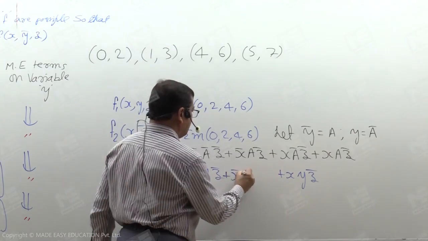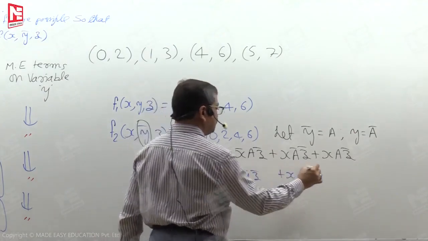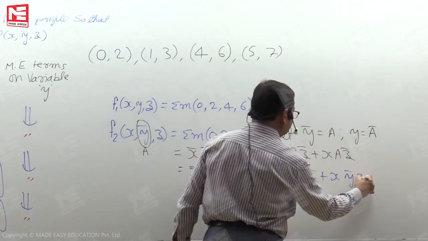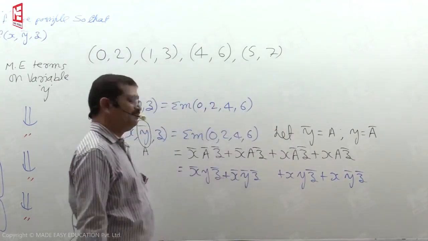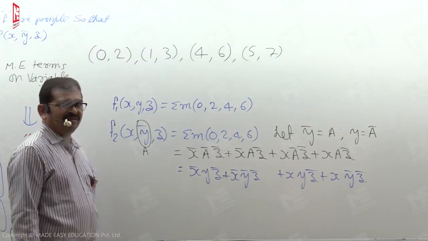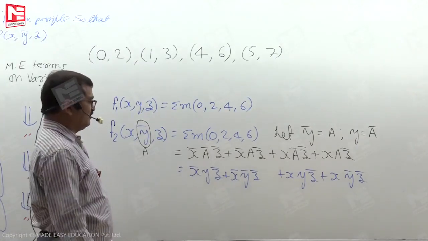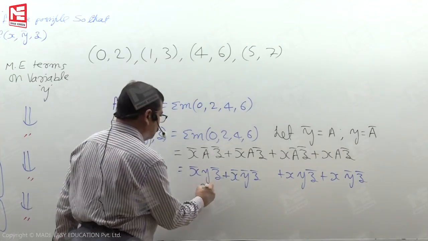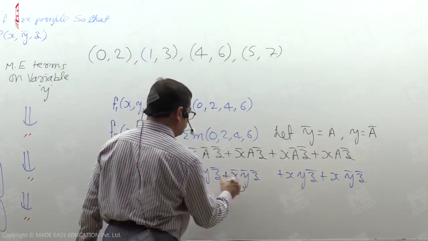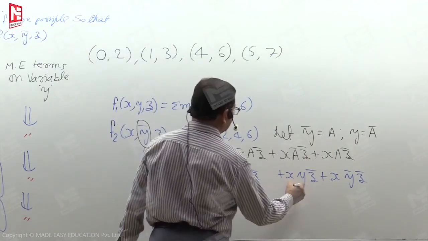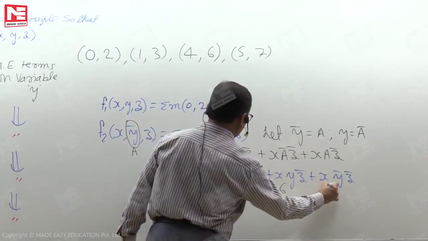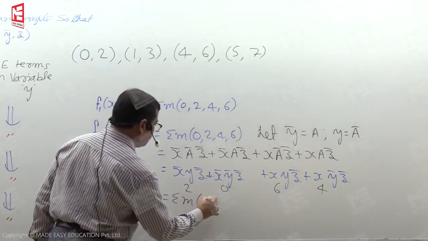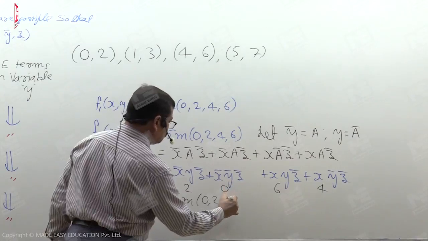So x complement, y complement, z complement, and x, y complement, z complement. If you read the equivalent decimal values of the products, they are decimal 2, decimal 0, decimal 6, decimal 4. So it is basically with the minterms 0, 2, 4, 6.